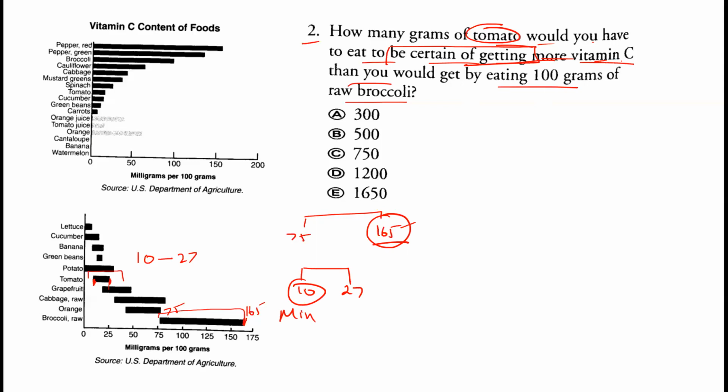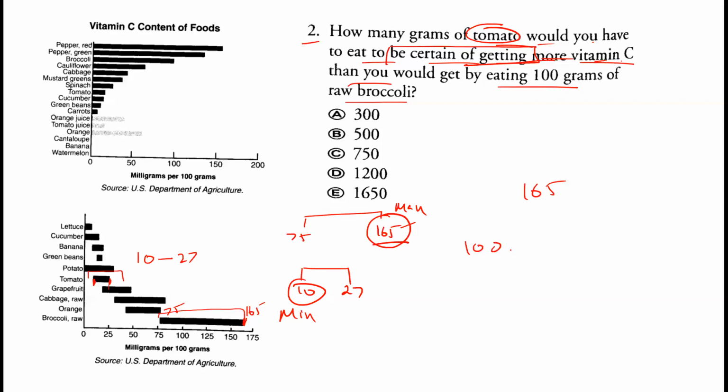So maybe we are getting a tomato having 10 milligrams of vitamin C. Now this is what we need to understand, that we are trying to find out the minimum amount of tomato that you need to eat. So we will be choosing the maximum of broccoli and the minimum of tomato. So if we eat this broccoli, we get 165.